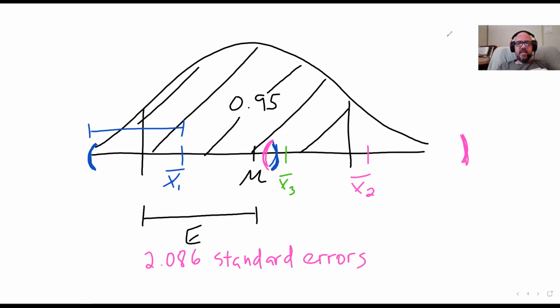So that's the basic idea. That percentage, by the way, that I've been saying, the 95%, is called the confidence level. It's how confident we are that the population mean is actually within the interval range that we give. Not all of them will be.